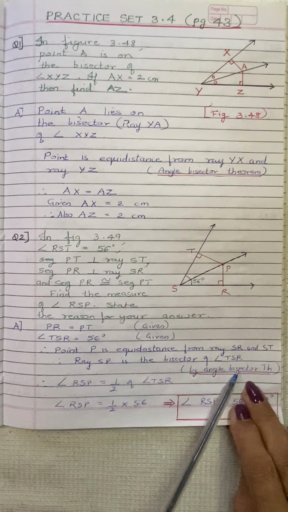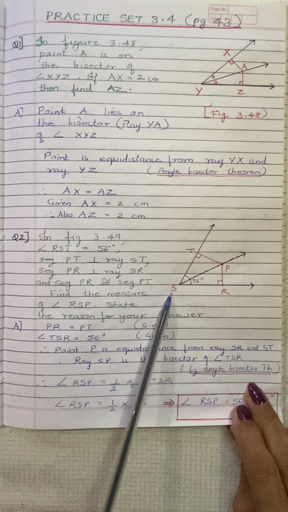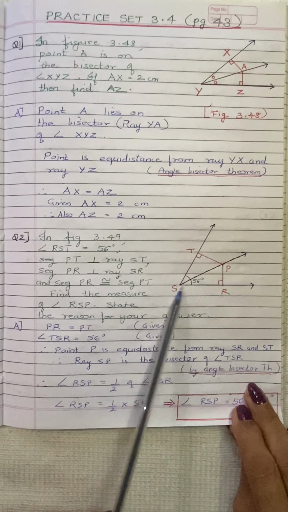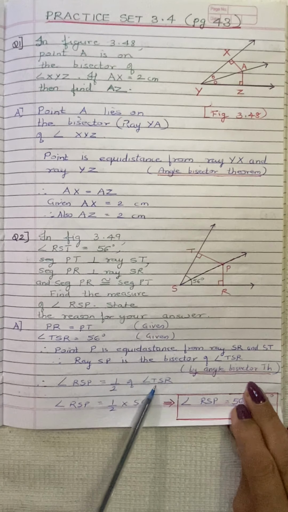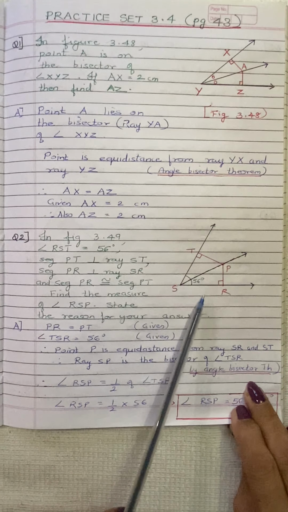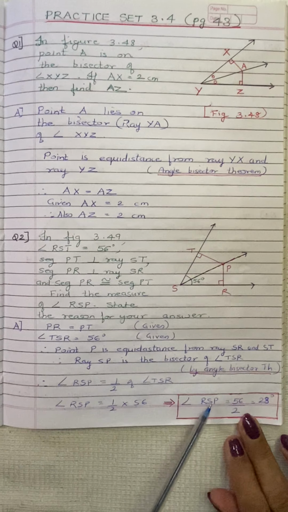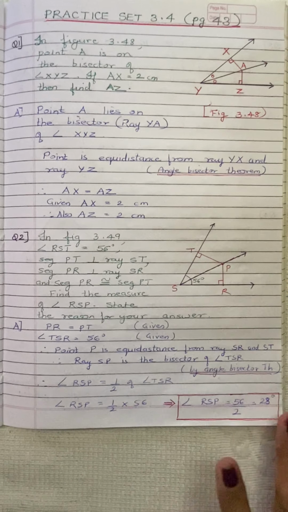This is by the angle bisector theorem. So angle RSP is equal to half of angle RST or TSR. So angle RSP is equal to half of 56, which is 56 divided by 2, which is equal to 28 degree.